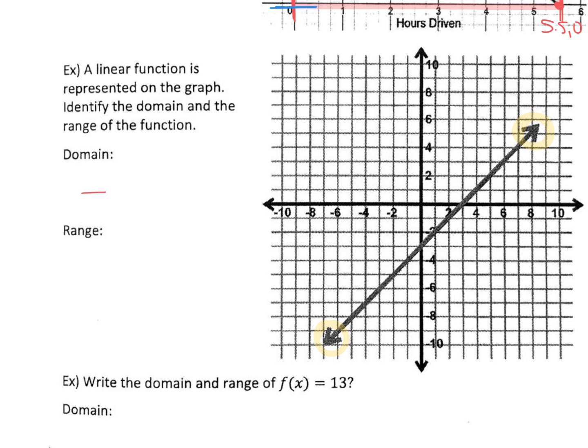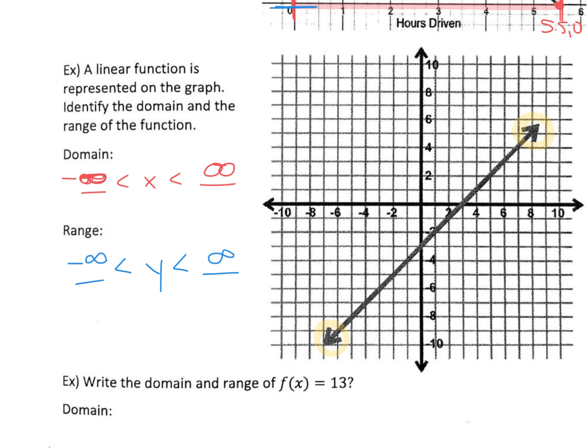If I did, I could say negative infinity to positive infinity. Infinity is that sideways 8. And I could do the same thing for range. My bottom is just going to keep going down, down, down, so negative infinity, and up, up, up to positive infinity.